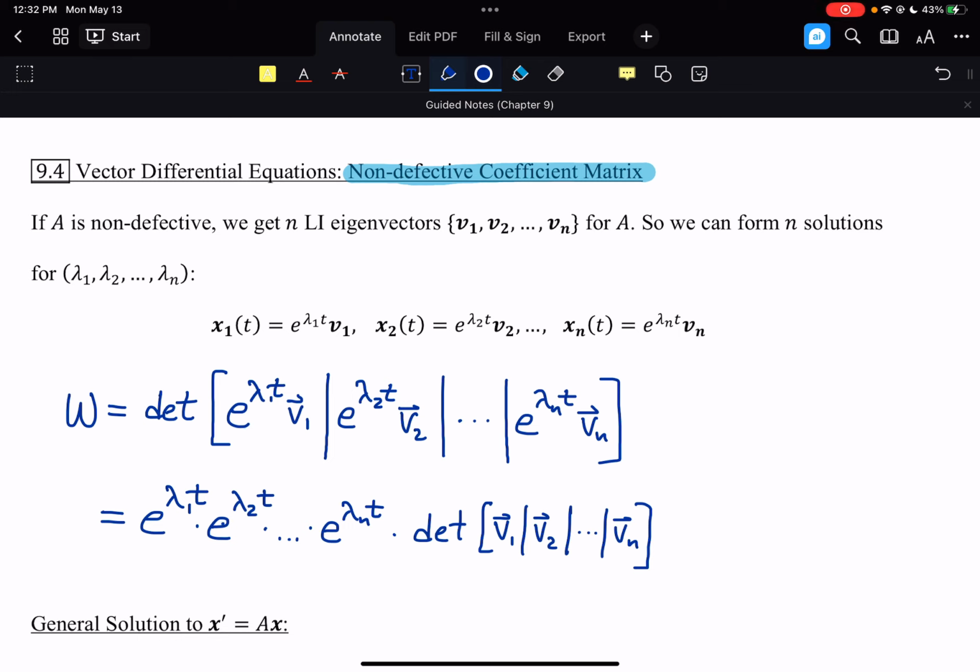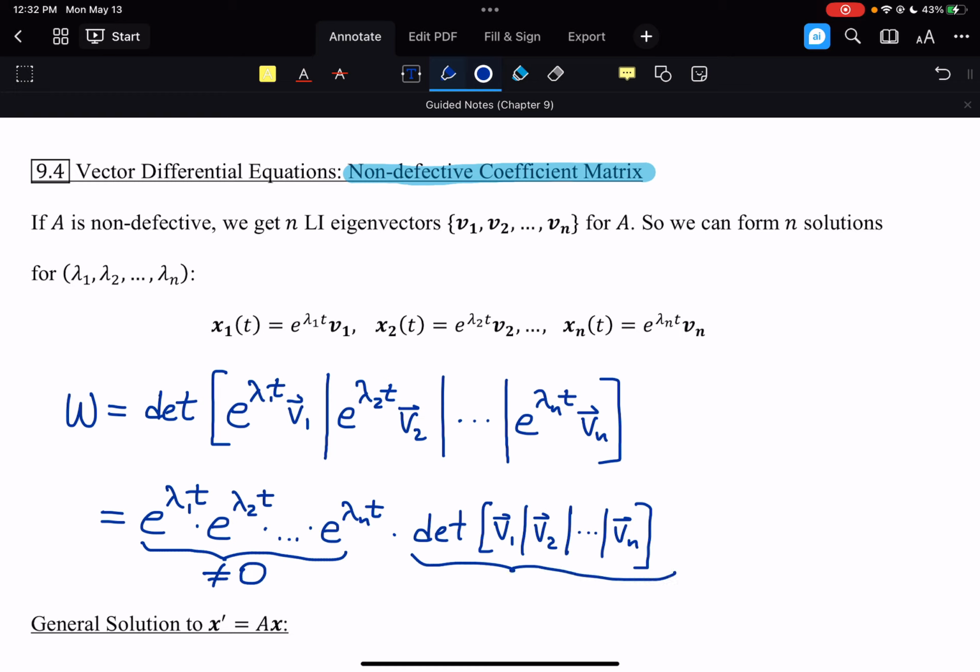That gives us this expression times the determinant of all of the v vectors, all those eigenvectors. This expression here, any value of t will keep this non-zero because you can never turn this exponential function into a zero. So this is always non-zero.